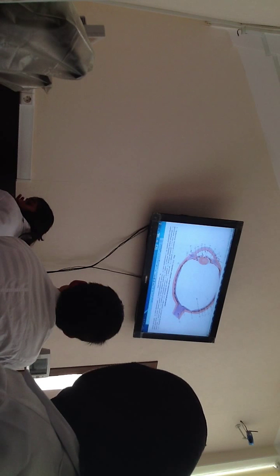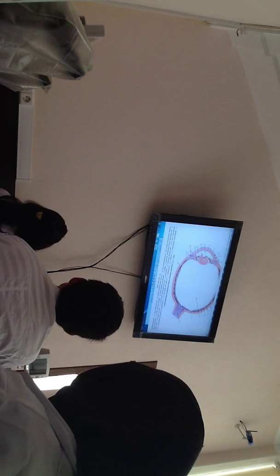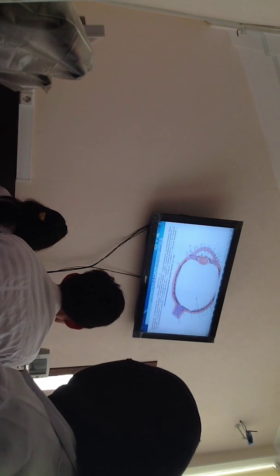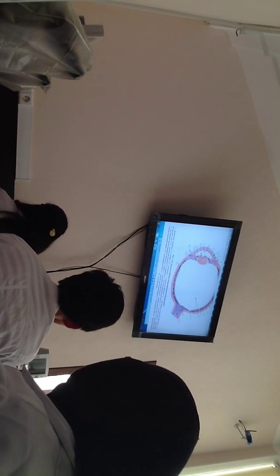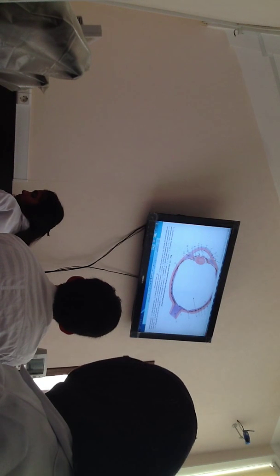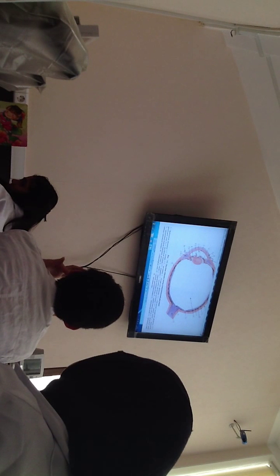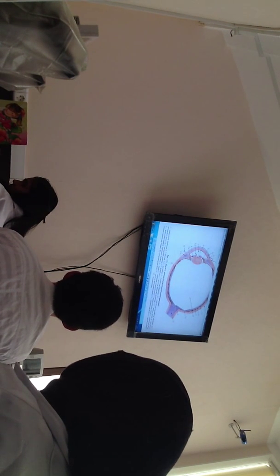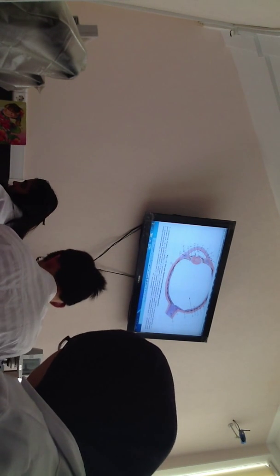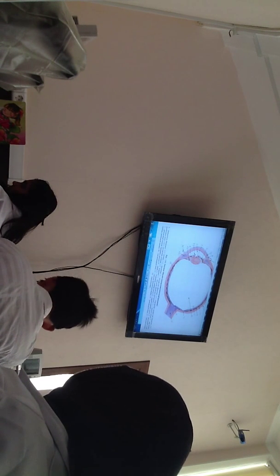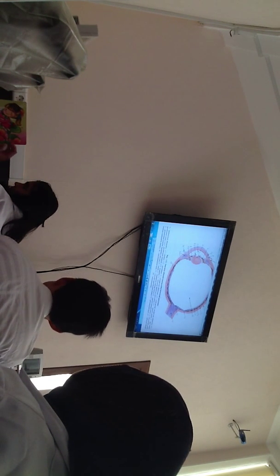And the second slide is a part of the posterior wall of the eye. So we have a specimen of the cornea and a specimen of the posterior wall of the eyeball, with three typical tunics of this organ.